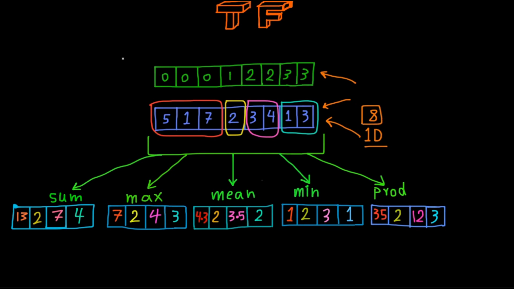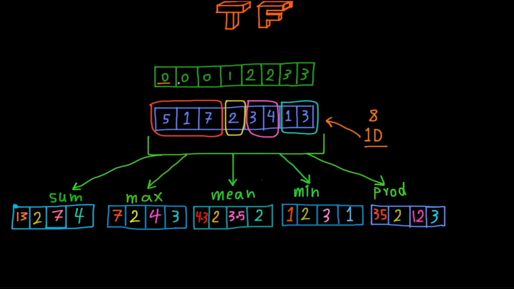As you can see here, the size of our segment IDs tensor equals 8. Now we will use these numbers inside our segment IDs tensor to make our groups.